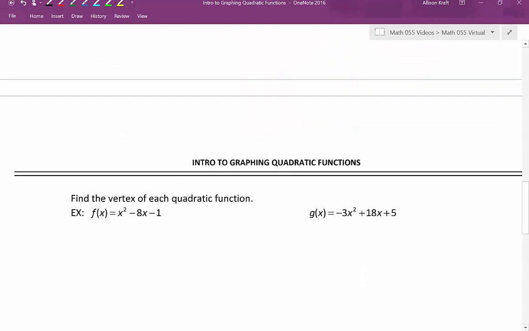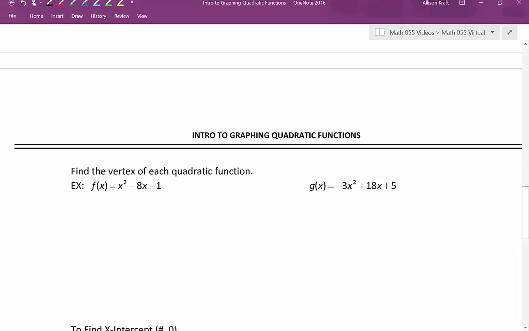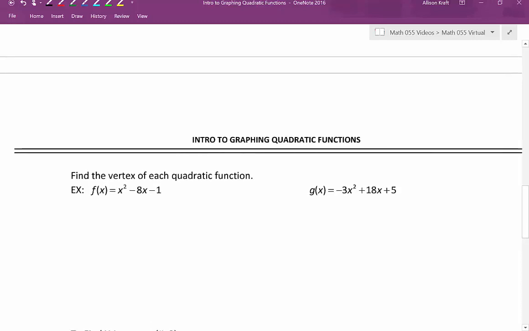Let's practice identifying the vertex of each quadratic function. We have to start by finding the x-coordinate of the vertex. The x-coordinate is negative b divided by 2a. So that's going to be negative negative 8 over 2 times 1. That's positive 8 over 2, which is 4. The x-coordinate of our vertex will be 4.